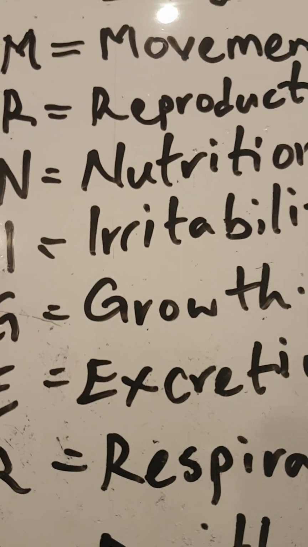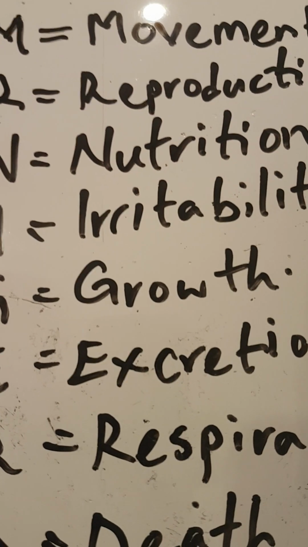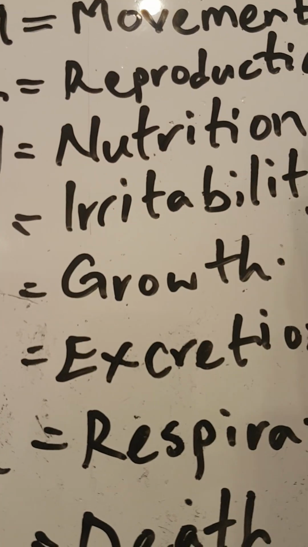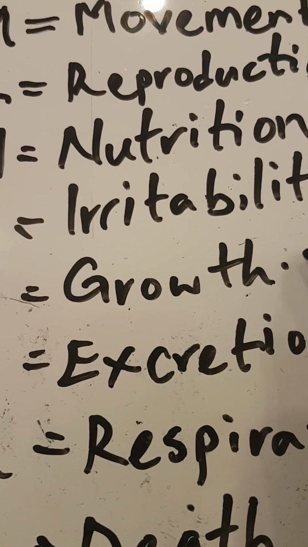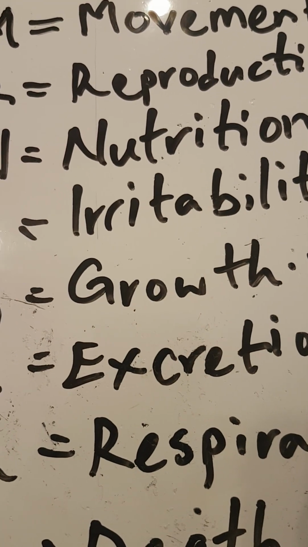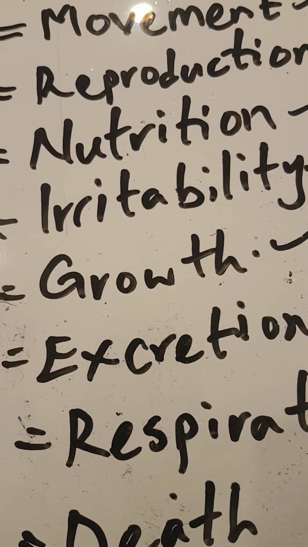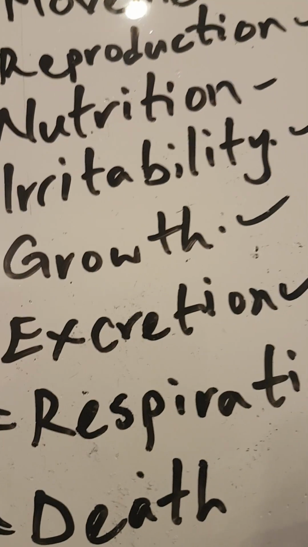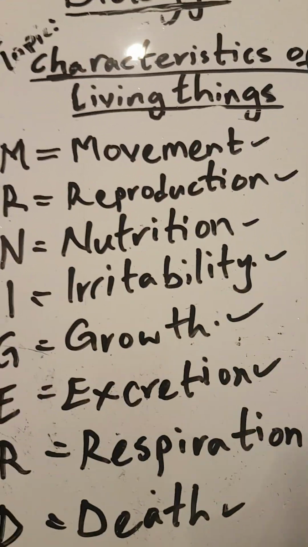I will be taking them one after the other. M, which is movement. R, reproduction. N, nutrition. I, irritability. G stands for growth. E, excretion. The second R, respiration. And lastly, death. So all these are the characteristics of living things.